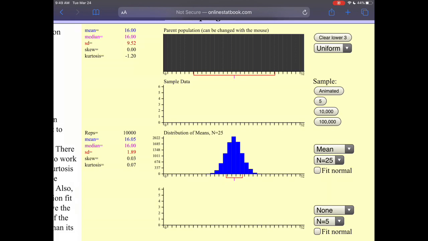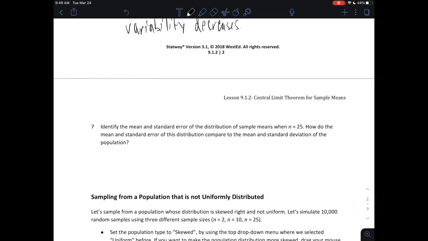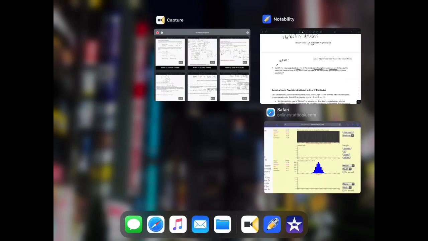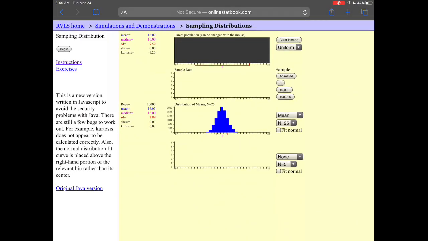The mean says 16.05, and then SD, the standard deviation, is 1.89. So for our first part of this, identify the mean and standard error of the distribution of sample means when n is equal to 25. The mean, again, is 16.05.